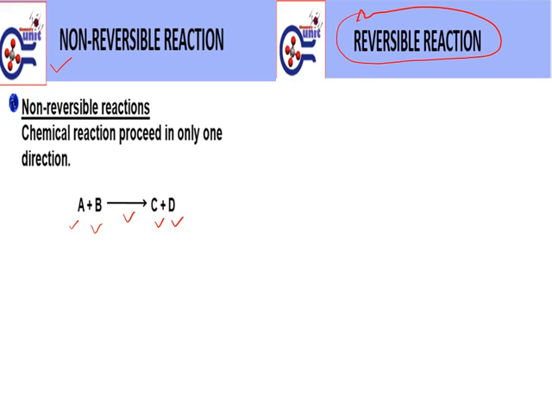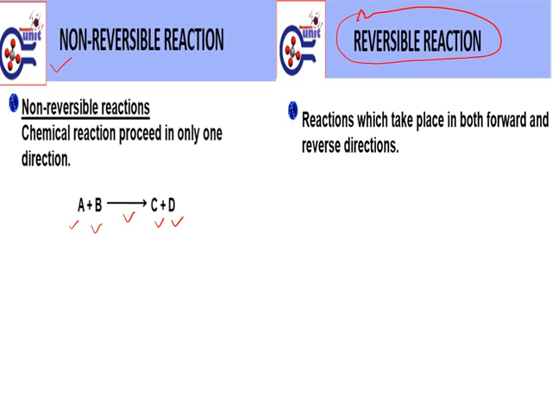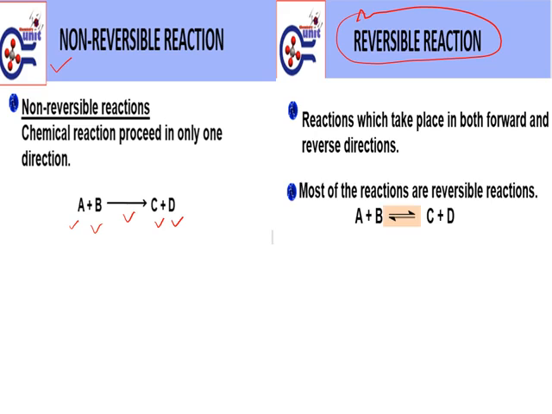For the reversible reaction, the reaction takes place in both forward and reverse direction. As example, A reacts with B to produce C and D. Once C and D form, they will form A and B. Reversible arrow maksudnya anak panah pergi dan balik.